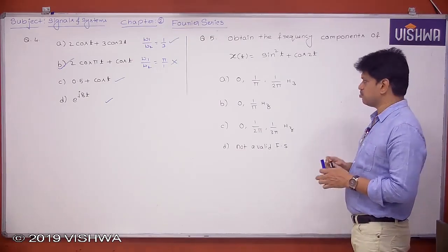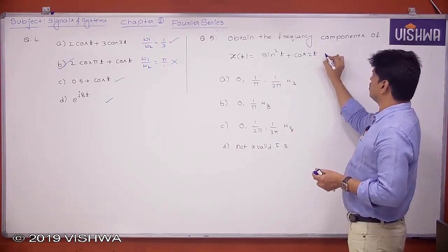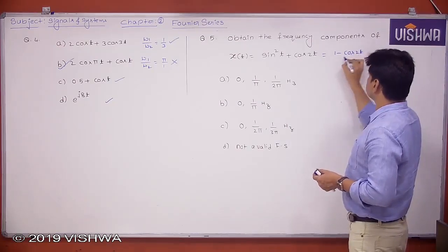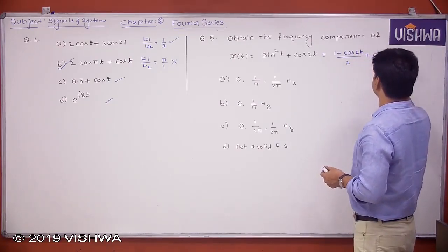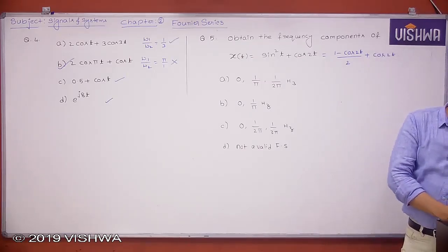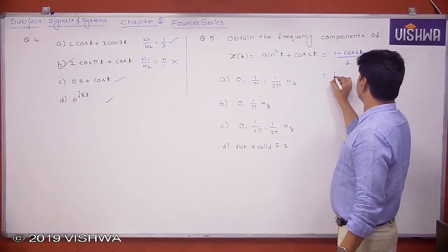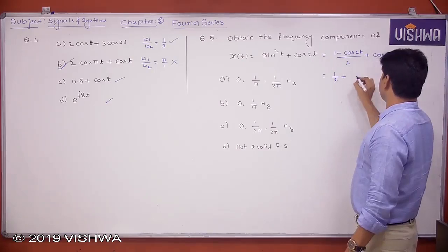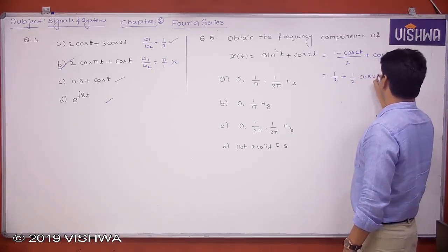Just apply the trigonometric formulas here. 1 minus cos 2t by 2 plus cos 2t. So this is going to be 1 by 2 minus 1 by 2 cos 2t plus cos 2t, so it is 1 by 2 plus 1 by 2 cos 2t.